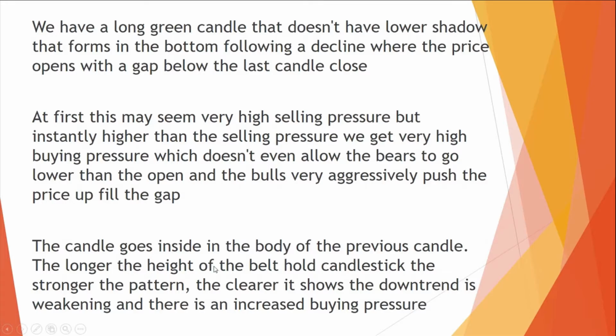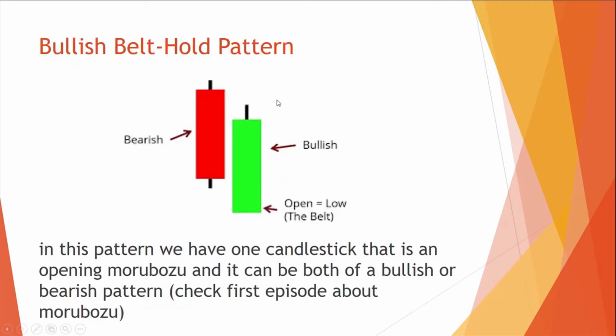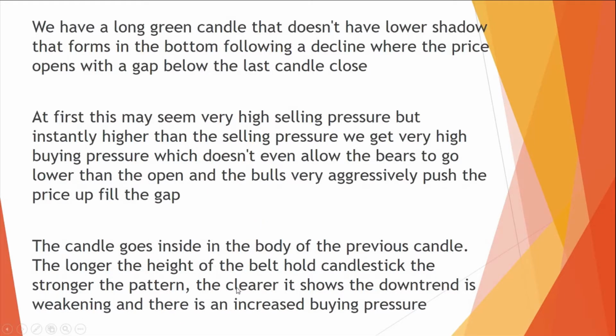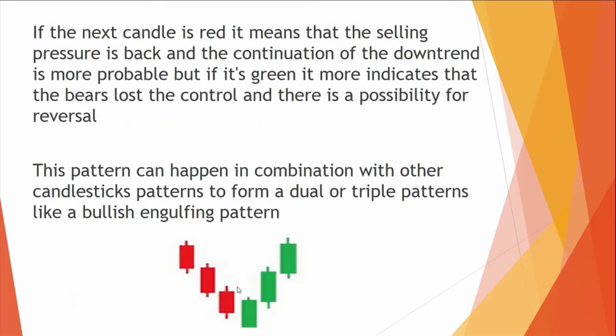The lower the height of the belt hold candlestick, the stronger the pattern. So the lower this than this, the stronger the pattern. The clearer it shows the downtrend is weakening and there is an increased buying pressure. If the next candle is red, it means that the selling pressure is back and the continuation of a downtrend is more probable.